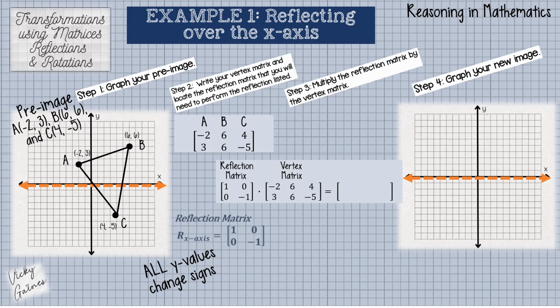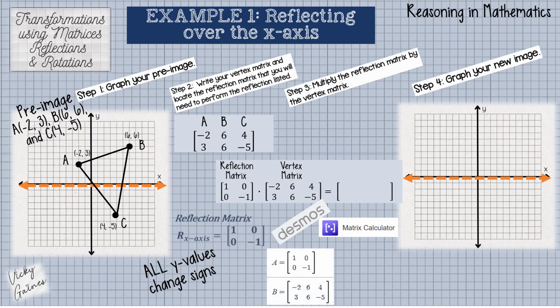Our vertex matrix again, and I'm going to use Desmos matrix calculator to do my calculations. So I put the reflection matrix in A and the vertex matrix in B, and I'm just going to multiply them. I can just put AB, I could put A times B, doesn't matter, and it will automatically give you the image matrix.